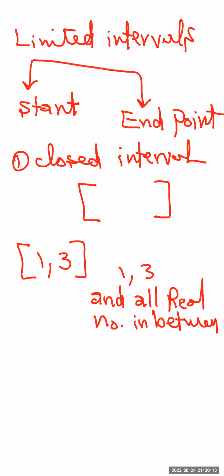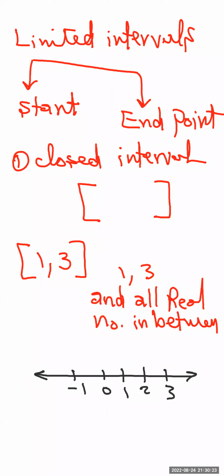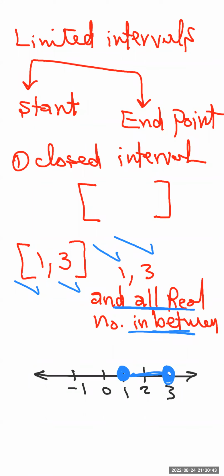Draw the number line: 0, 1, 2, 3, -1, for example. Then your start point at 1. It's closed, so a shaded circle at 1. End point 3, a shaded point at 3. So 1 and 3 are represented on the number line. The remaining elements are all real numbers between, so shade the distance between the two numbers.